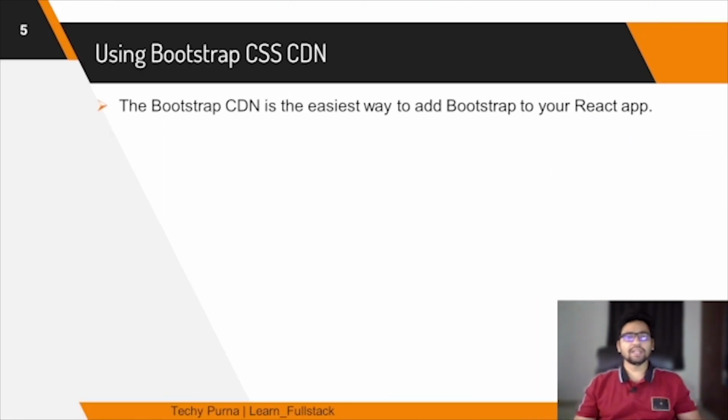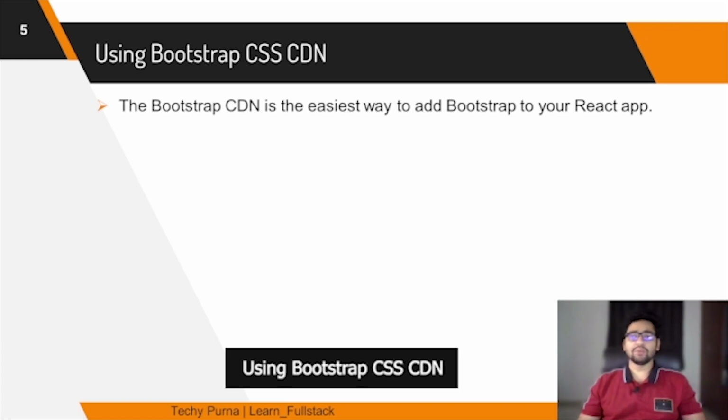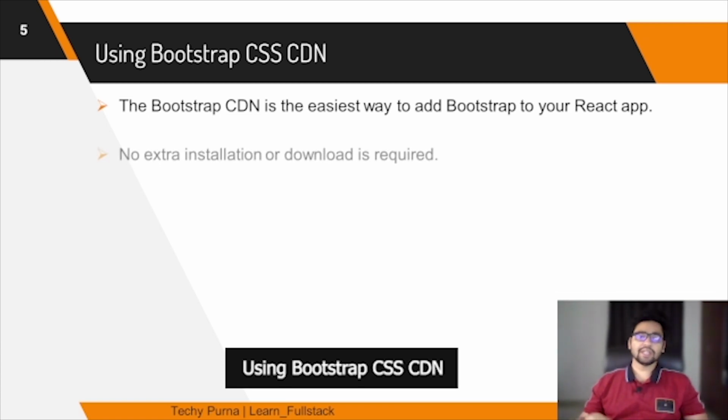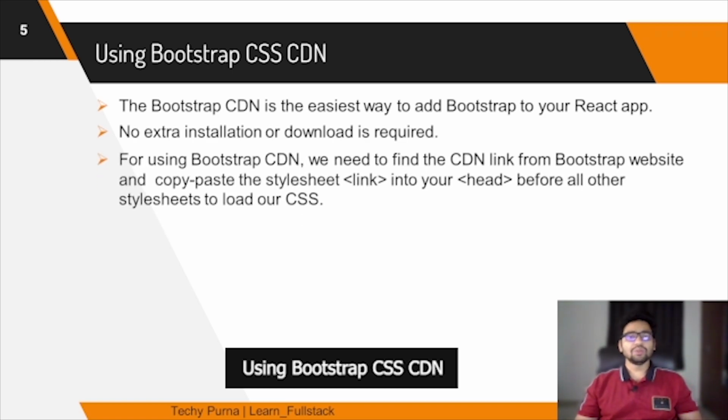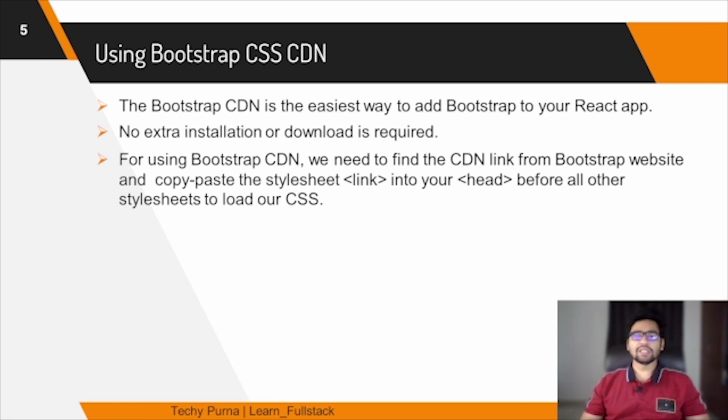The Bootstrap CDN is the easiest way to add Bootstrap to your React application. No extra installation or download is required. For using the Bootstrap CDN, we need to find the CDN link on the Bootstrap website and copy-paste the stylesheet link into your head tag, before all the other stylesheets load.